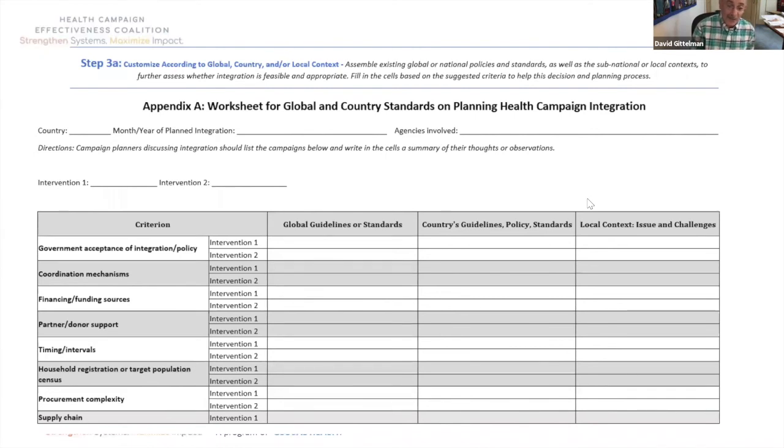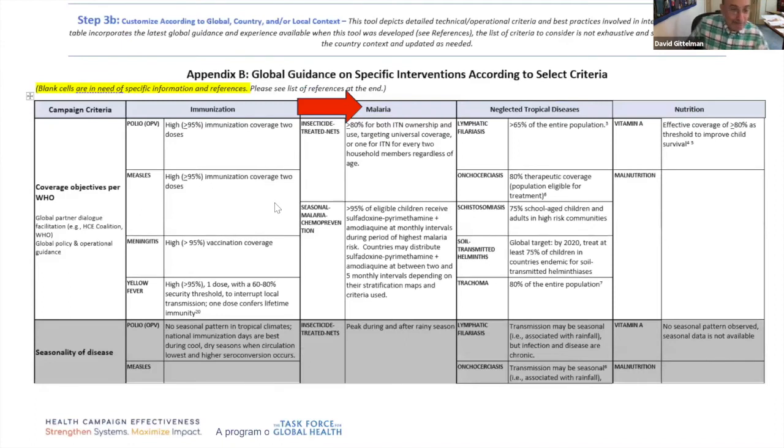And at the district level, is there guidance that needs to be done on coordination? This would also be in terms of the timing, the funding sources, household registration. Are there existing guidelines that can be listed, and what are they to help through this process? Next slide.